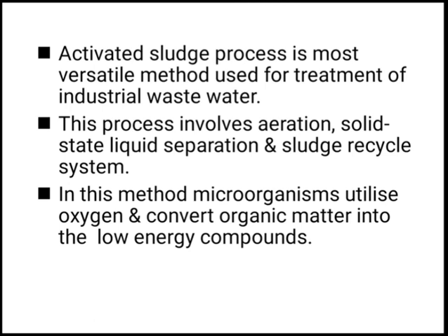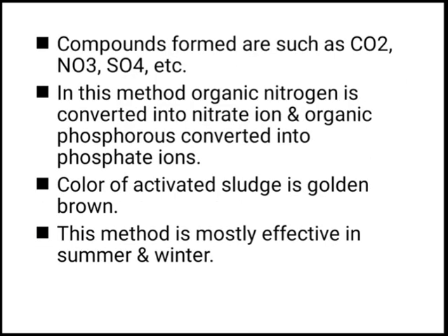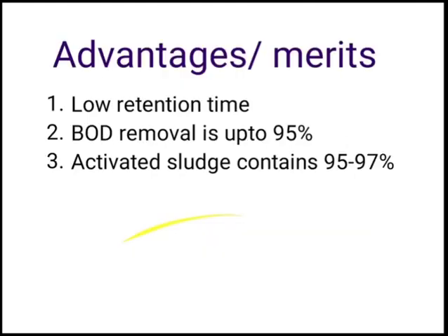The same way it works as the trickling filter method, and the compounds formed are carbon dioxide, NO3, SO4, etc. By this method the organic nitrogen is converted into nitrate, and the organic phosphorus is converted into phosphate ions. The color of the activated sludge is golden brown, and this method is mostly effective in the summer season and the winter season.